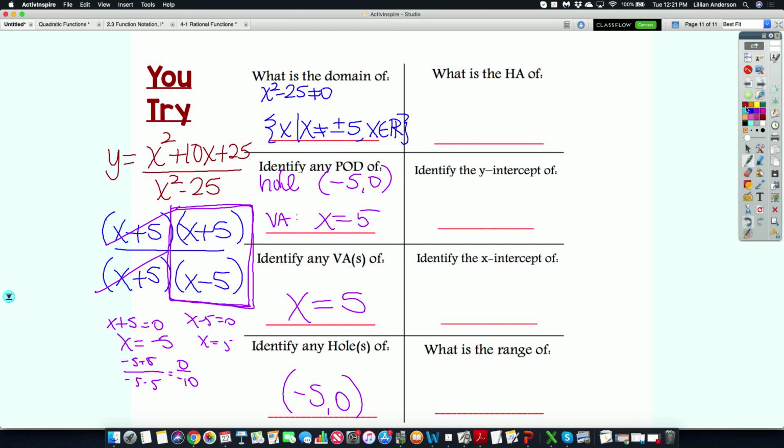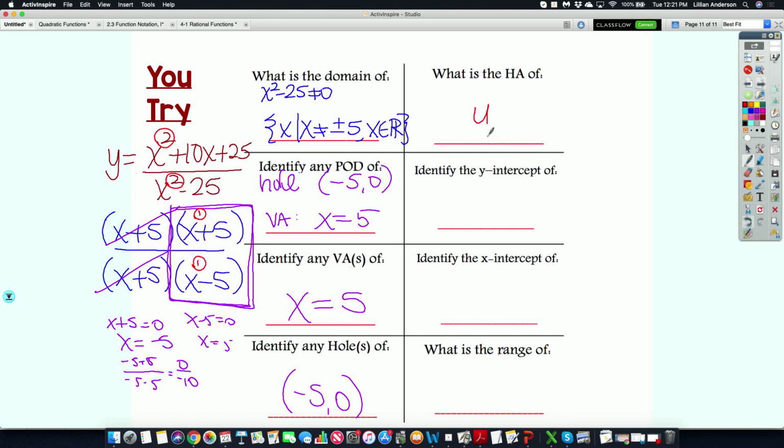Y equals 1. Because not only from the original equation were these 2 exponents the same, those leading coefficients, when you look here, the degrees are the same as well. So whether you use the original or the reduced form, you're still going to get the same horizontal asymptote.